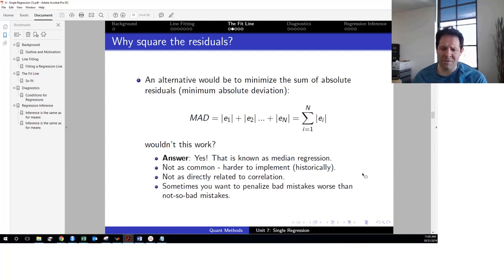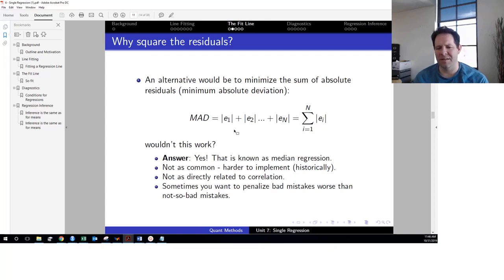Furthermore, sometimes you want to penalize bad misfit on an observation worse than not-so-bad misfit. If you take the absolute value, that treats making a bigger error on an already big error the same as making that same type of error on a smaller residual.